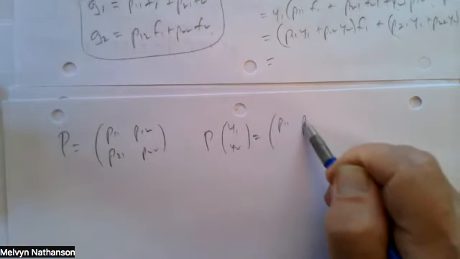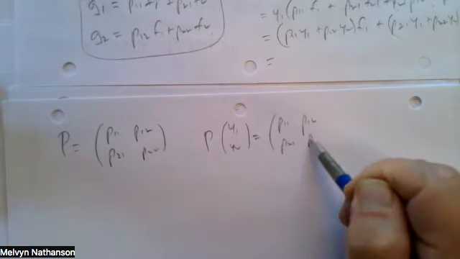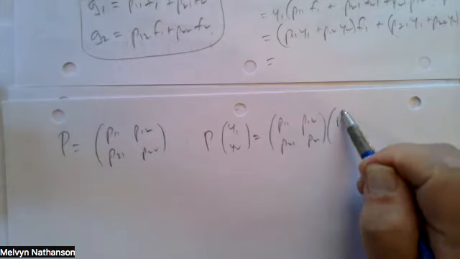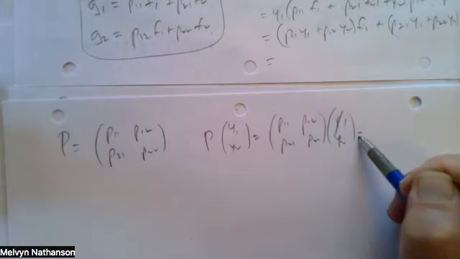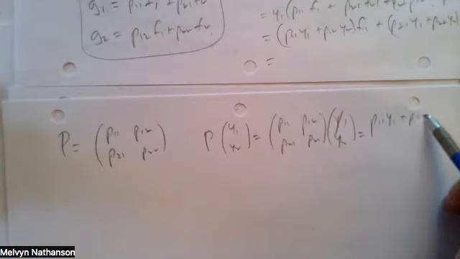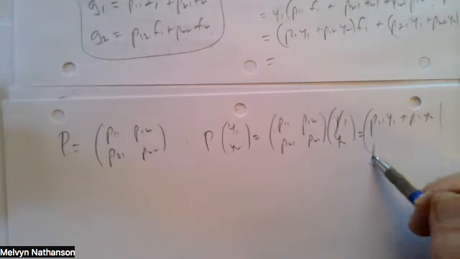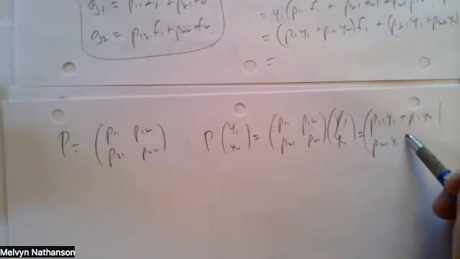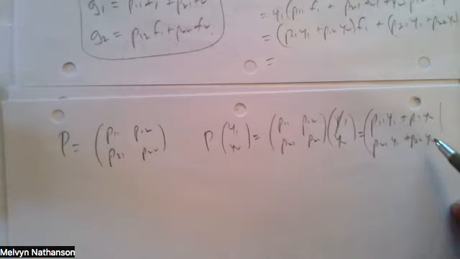That's the matrix P11, P12, P21, P22 times Y1, Y2. This is P11 Y1 plus P12 Y2, that's the first coordinate. The second coordinate is P21 Y1 plus P22 Y2. That's exactly these numbers.